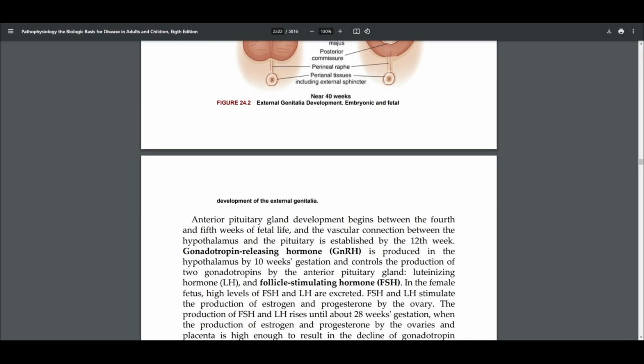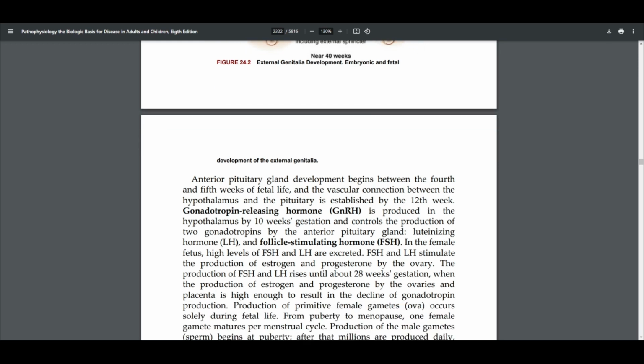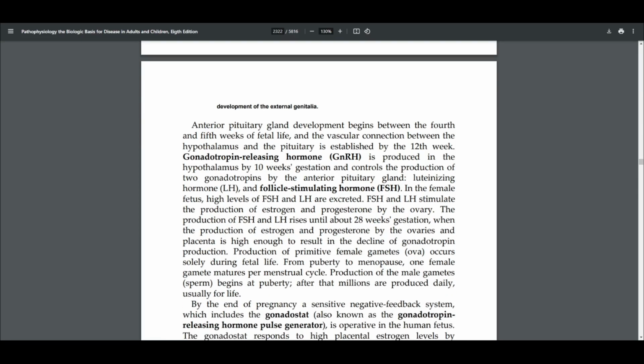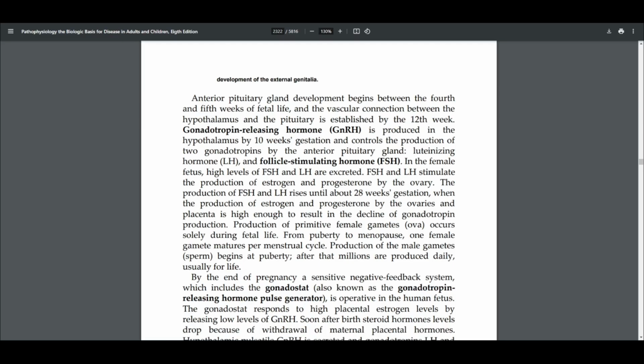FSH and LH stimulate the production of estrogen and progesterone by the ovary. The production of FSH and LH rises until about 28 weeks of gestation, when the production of estrogen and progesterone by the ovaries and placenta is high enough to result in the decline of gonadotropin production.